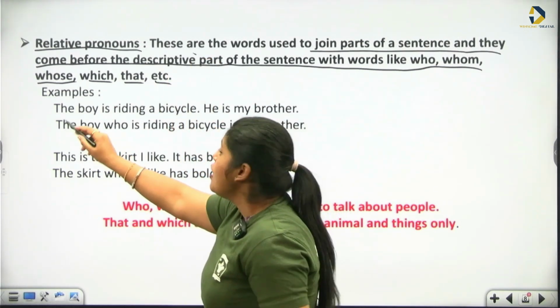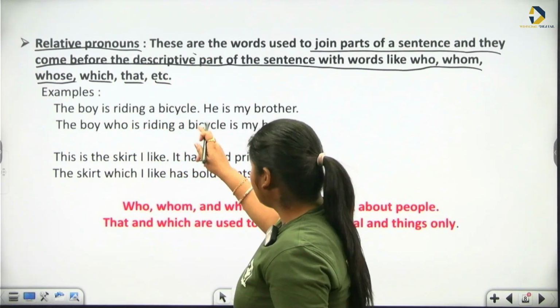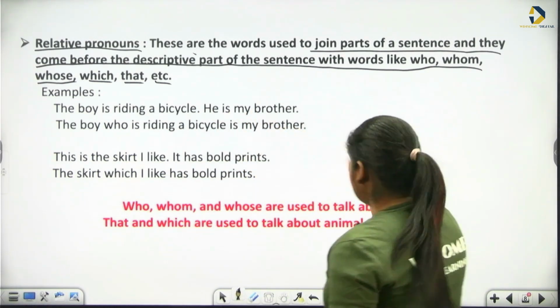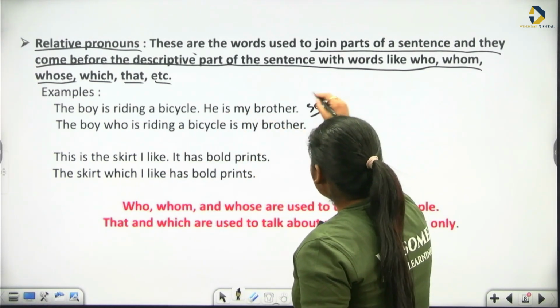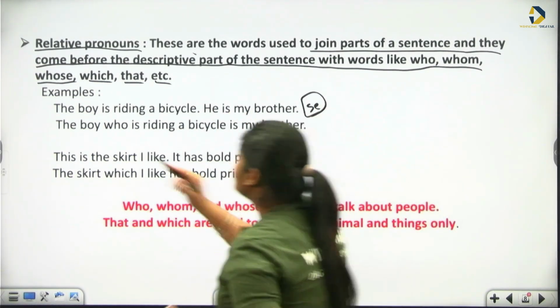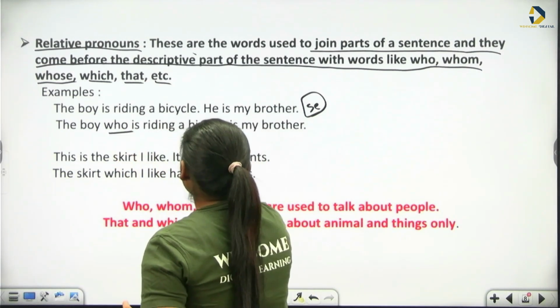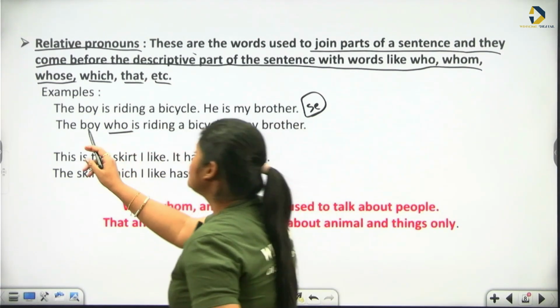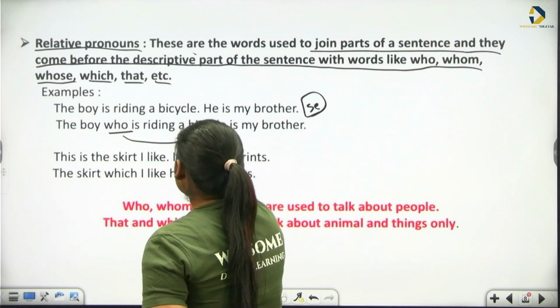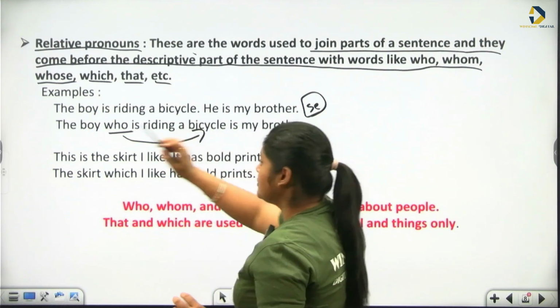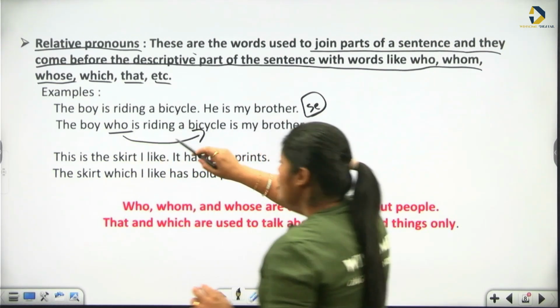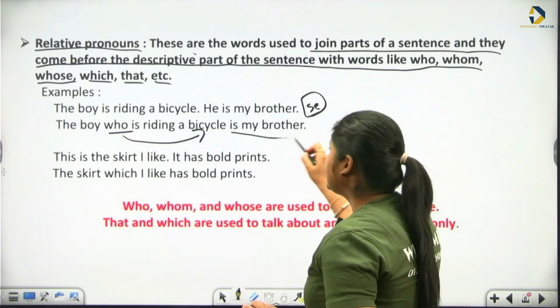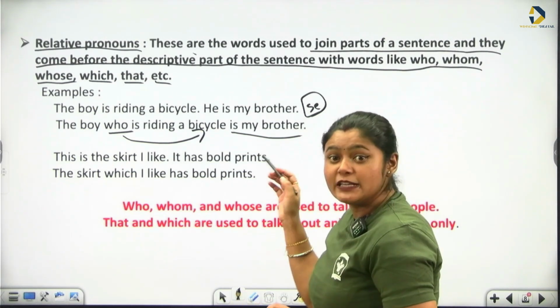Now see the example. The boy is riding a bicycle. He is my brother. This is a sentence. Now we are making it with a relative pronoun. The boy who is riding a bicycle is my brother. The boy who is riding a bicycle, who is he? He is my brother.